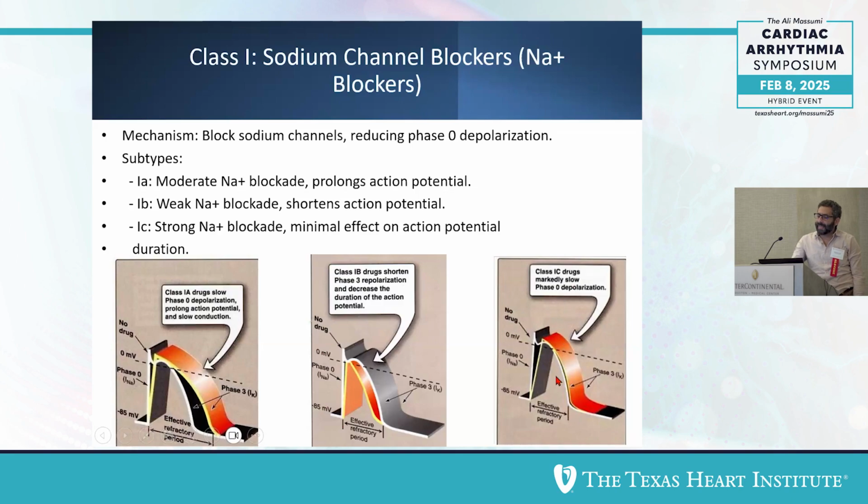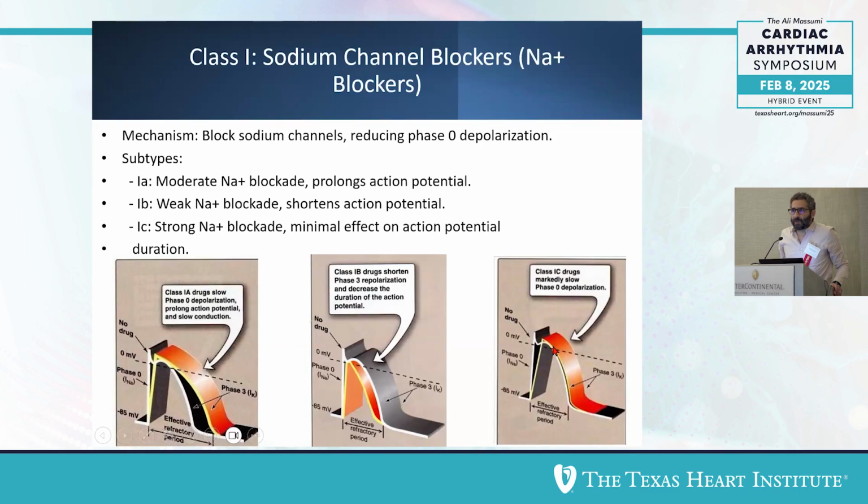And then you have the class 1C agents, which is actually what we're most familiar with. Propafenone, flecainide, I misspoke. Flecainide is a class 1C, quinidine is a class 1A. So flecainide and propafenone are class 1C agents, kind of intermediate in the strength of the binding of the sodium channel, but the big thing, propafenone is also a beta blocker.